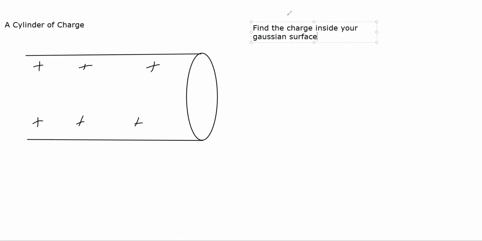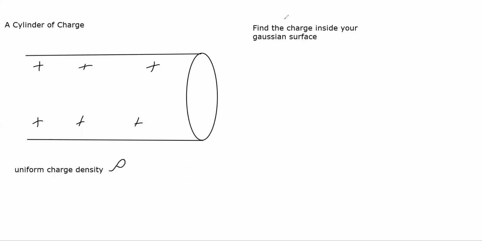It's pretty similar to the example we did earlier. We will assume that we have uniform charge density for this. This time, instead of giving you Q, I'm just going to give you rho.